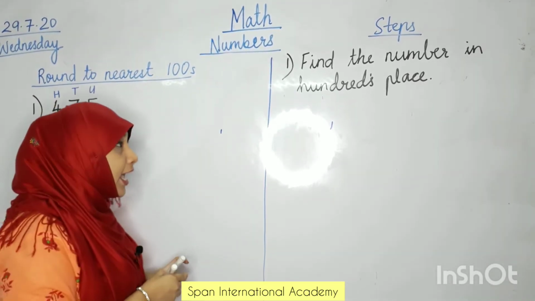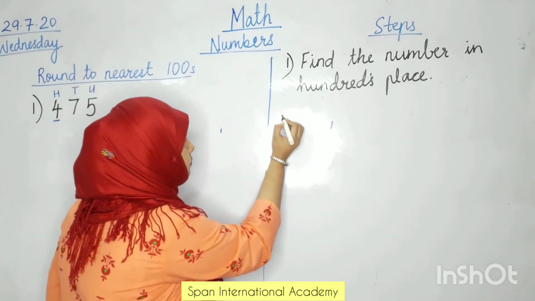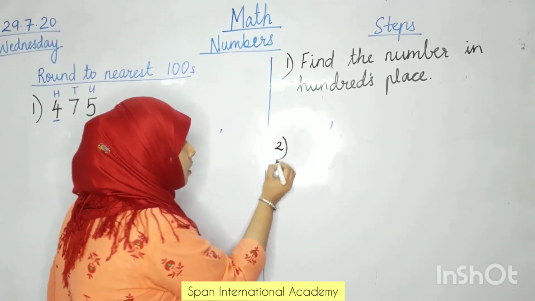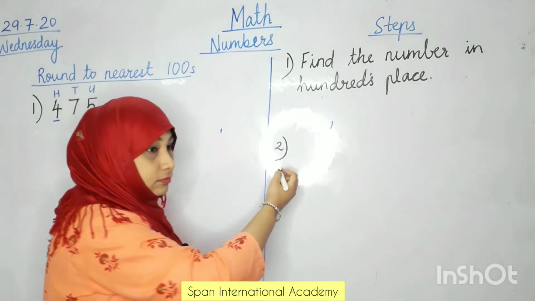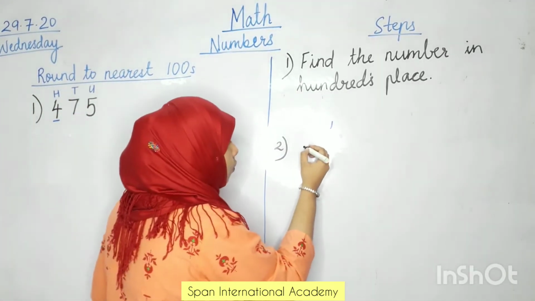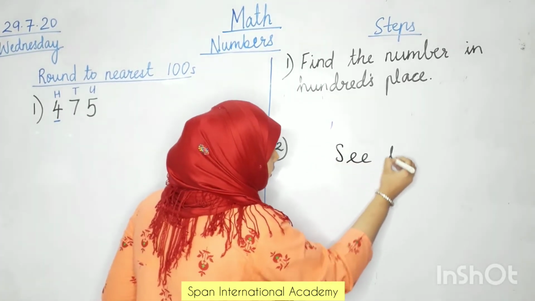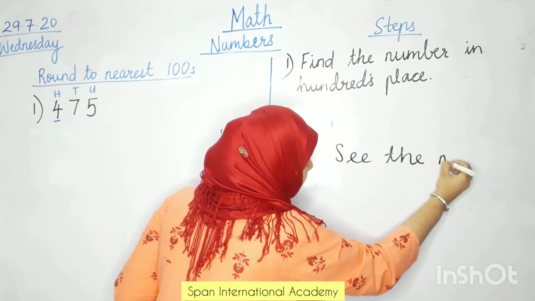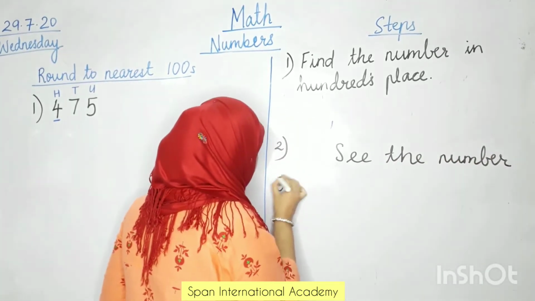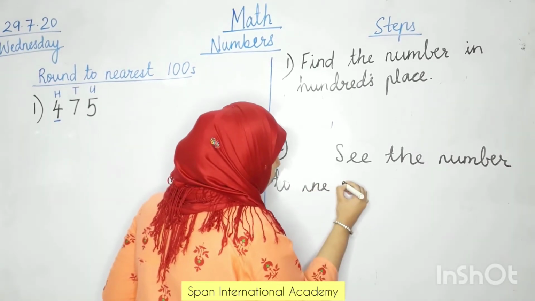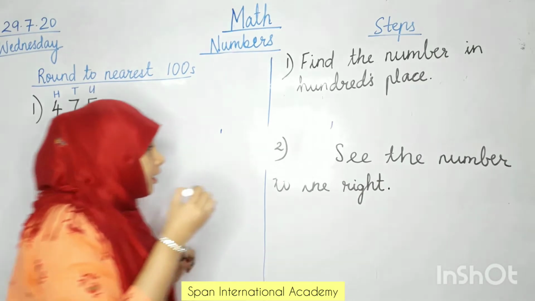Now we need to go ahead and see what is our second step. The second step: we have to see the number to the right.